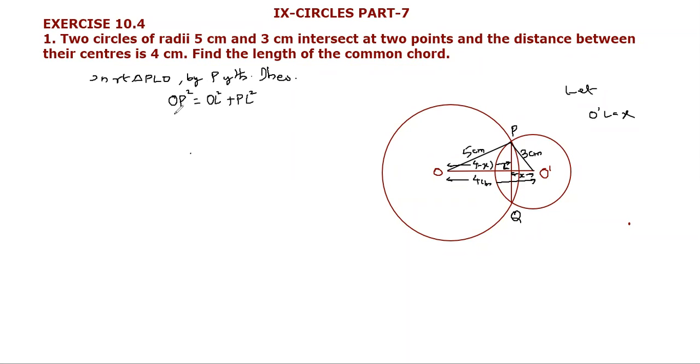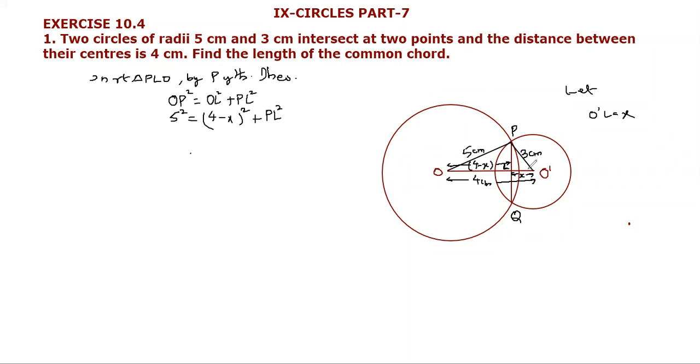And OP is 5 centimeters. So 5 square. OL is equal to 4 minus X, so 4 minus X whole square, plus PL square, that we need to find because common chord PQ we have to find.